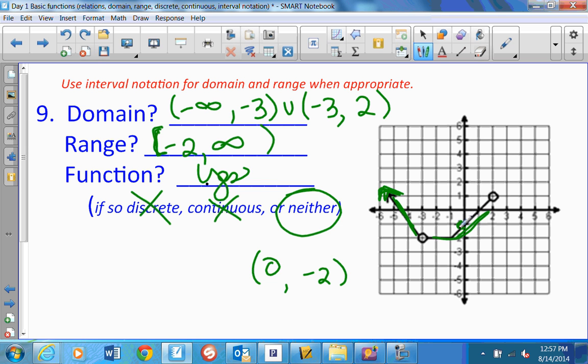So as long as there's some x somewhere on the graph to go with every y, that's what you're looking for. That's the question you're asking. And when you're looking for domain, you're asking the opposite question: is there some y for every single x?